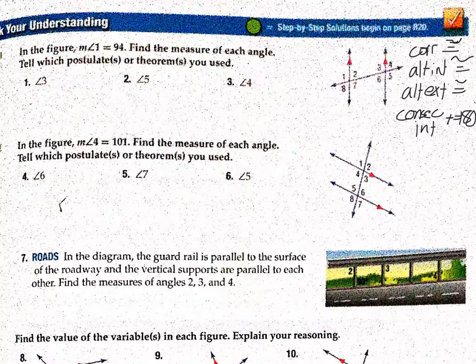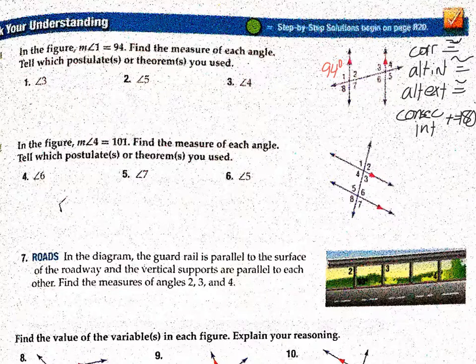degrees. Okay, so in the figure, it says angle 1 is 94. So this is 94. So before I answer any of the questions, I'm going to fill out the whole picture with angle measures. And I'm going to do that based on the fact that I know these two lines, again, are parallel. So I'm going to use all these relationships over here to write angle measures, and I'm going to use a different color.